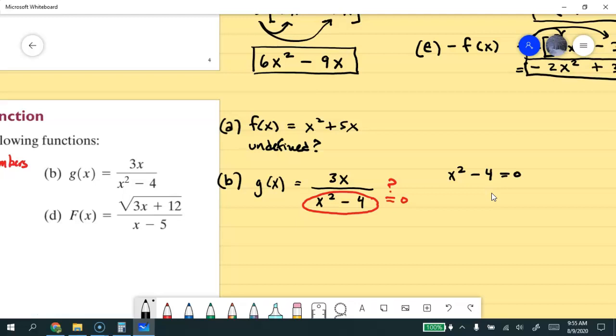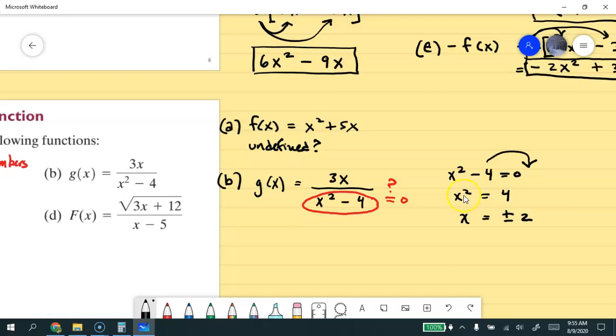Technically there's one of two ways to solve this. We'll just pick one. x squared is equal to, bring that over to the right side, 4. And then the square root of x squared is going to give you plus or minus 2. And therefore, we have to keep 2 and negative 2 out of the domain in this question.